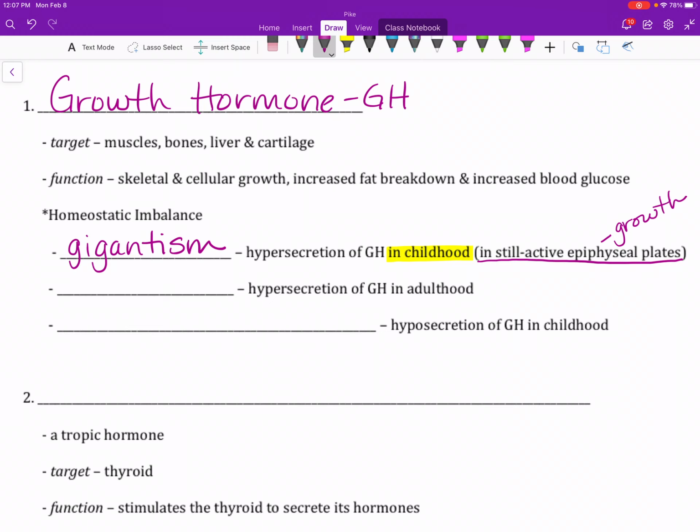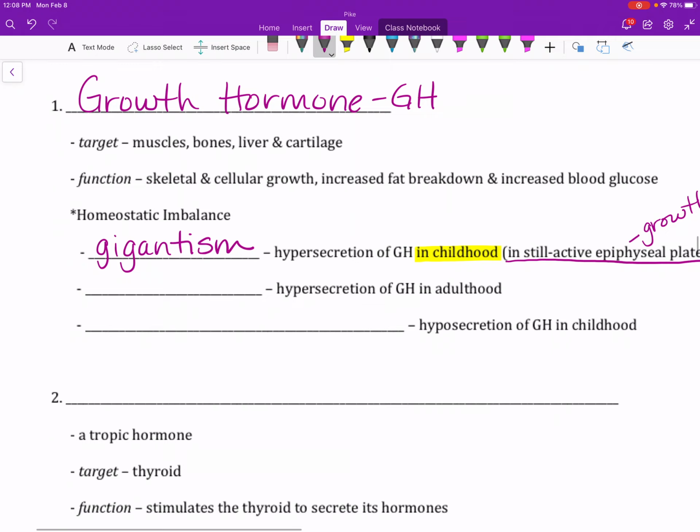Talking about 6'5", 6'6", 6'7", even 6'3" or 6'4" sometimes. If that is not normal for your family, and all of a sudden you have someone who is 6'4" and everyone in their family is 5'3" and under throughout their family line, there could be a hypersecretion of growth hormone.